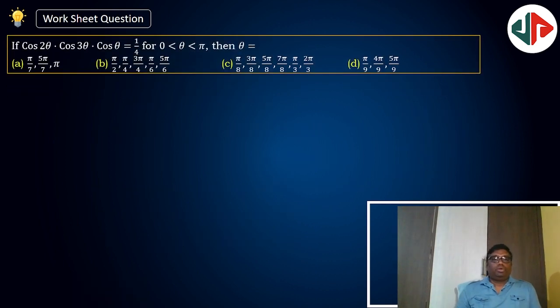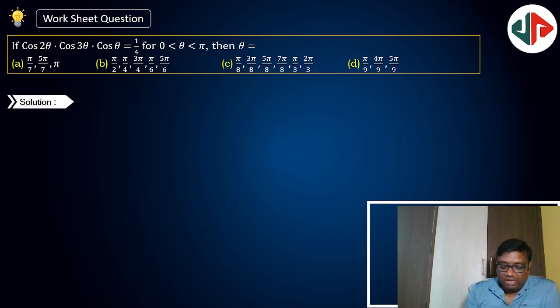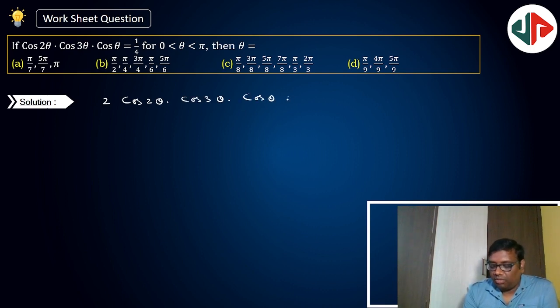Cos 2 theta into cos 3 theta into cos theta is equal to 1 by 4. When theta lies between 0 to pi, what is our theta value? Can we rewrite this as 2 times cos 2 theta into cos 3 theta into cos theta is equal to 1 by 2?